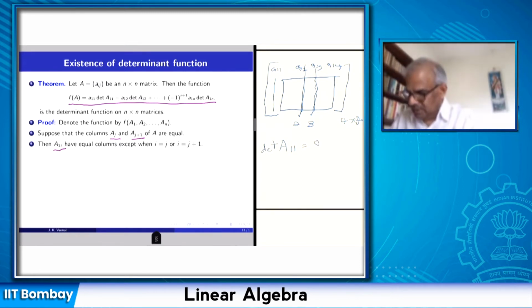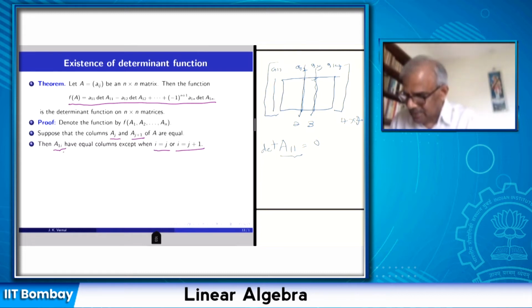Now the general statement for n by n matrices is that A1i, the submatrix obtained by deleting the first row and ith column, will have equal columns except when i equals j or i equals j plus 1. Here i was equal to 1 and it was not equal to 2 or 3. So this submatrix A11 will continue to have 2 identical columns.